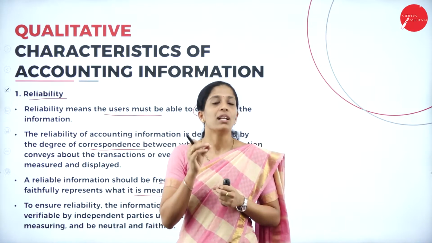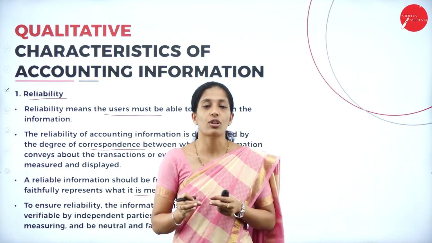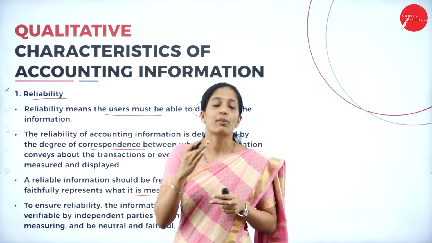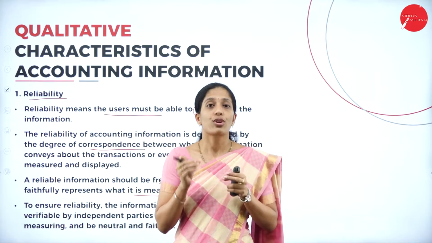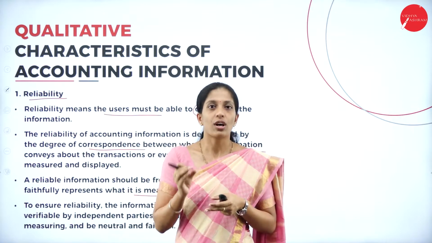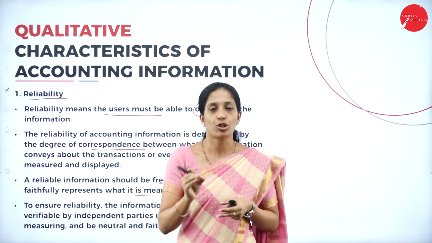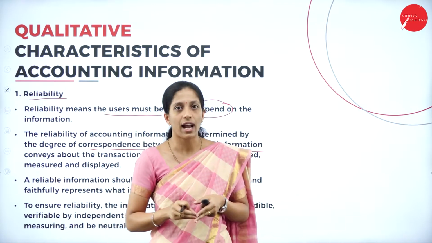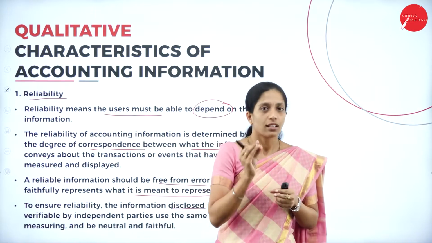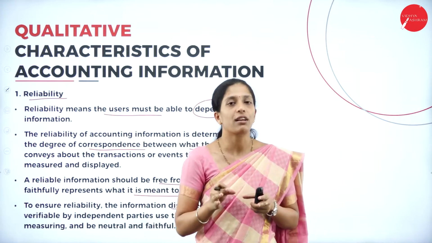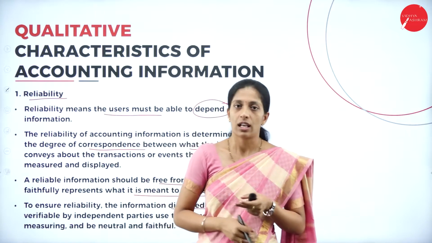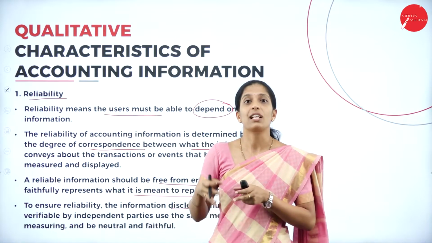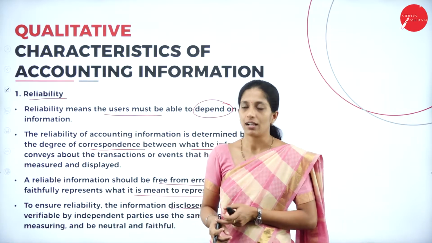At the same time, the accountant has to make sure that whatever accounting information he has got, which has to be communicated to the users, he has to recheck. So an authorized person has to be selected who goes through each and every accounting activity, to know whether the accounting information is correct or not, because it is reliable in nature, and based on that many appropriate decisions will be taken.